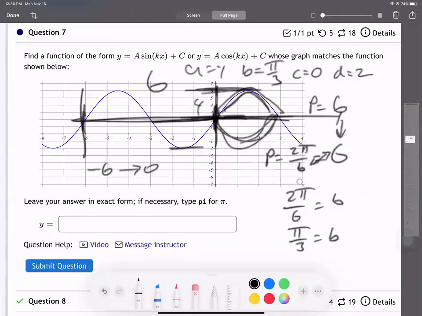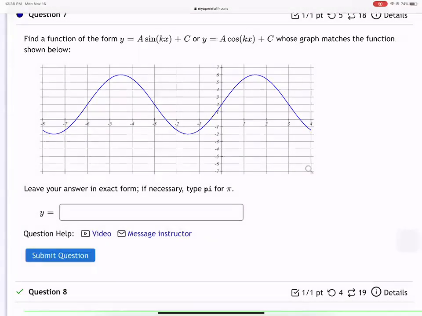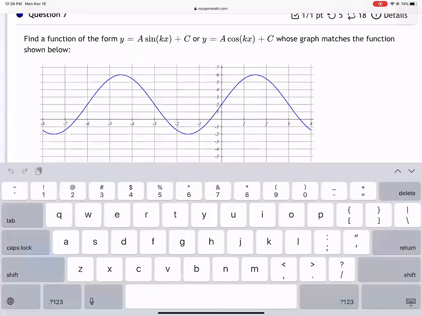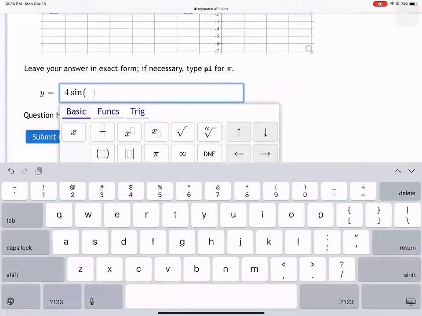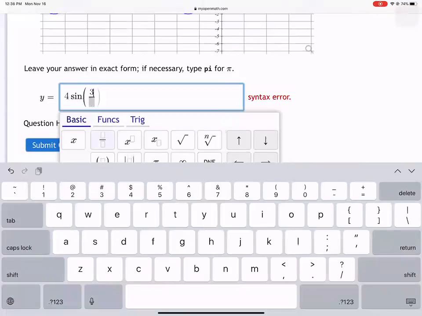Now that we have all our characteristics, we can now fill it in. We're building our Tesla now. We know everything we want: 4, pi over 3, and 2. 4, we said this is my sine graph, sine. And we want to do a fraction, pi over 3.